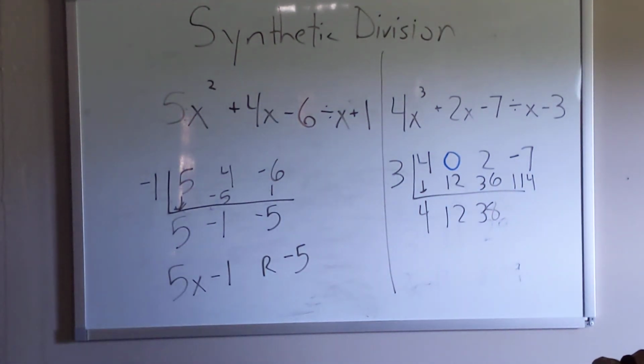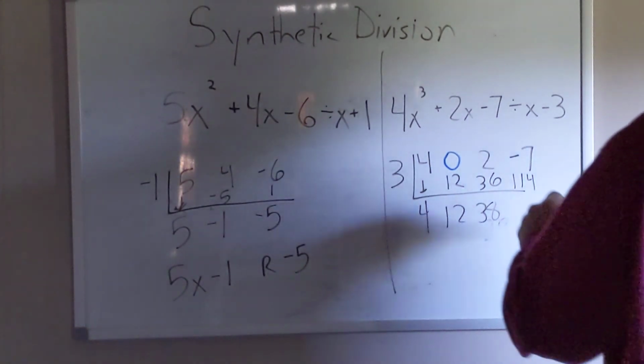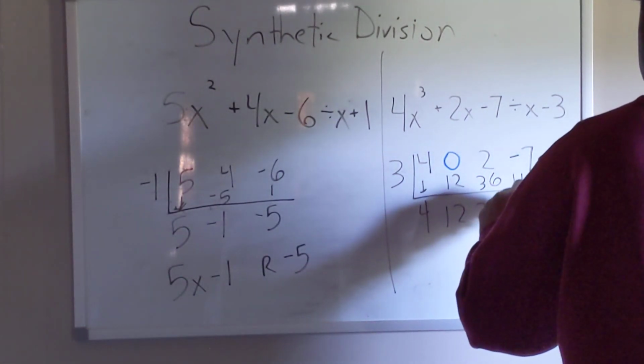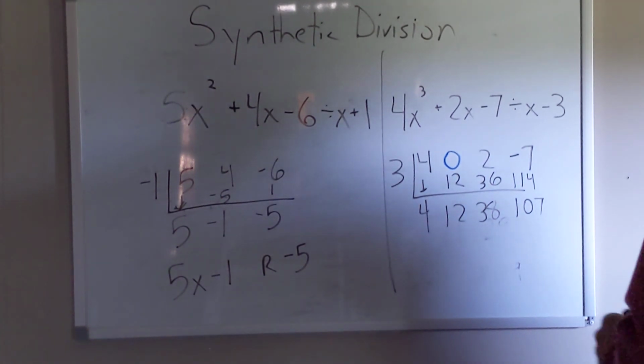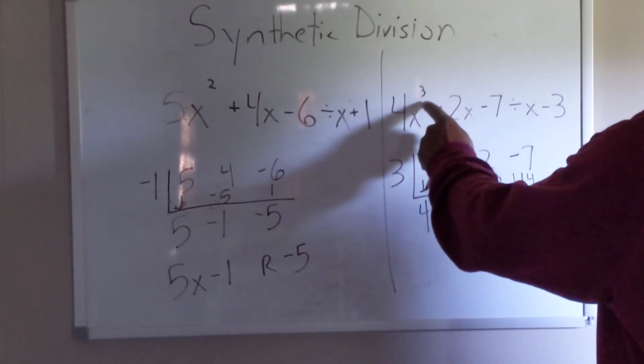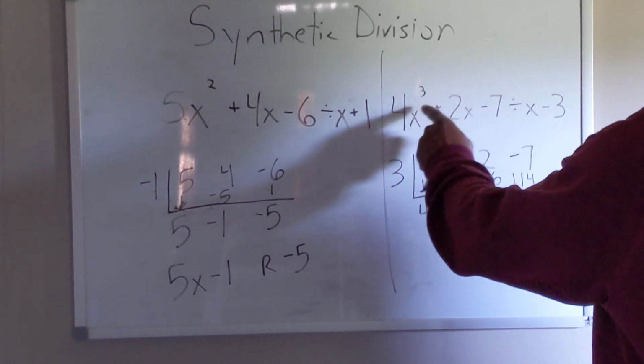Okay, and negative 7 plus 114 is 107. Alright, so this time we started with 4x cubed divided by x.